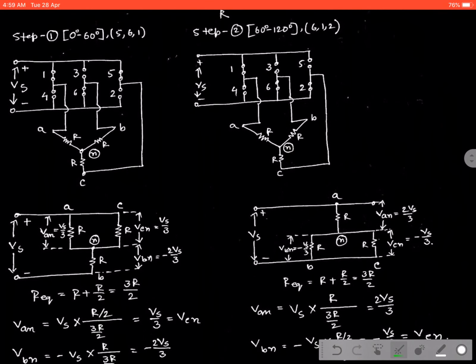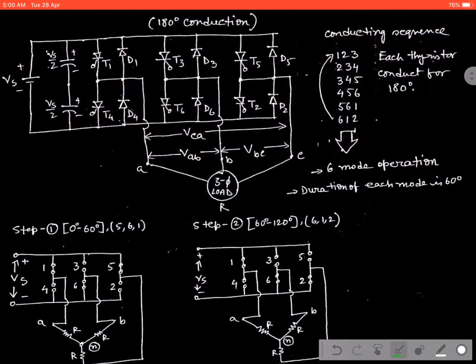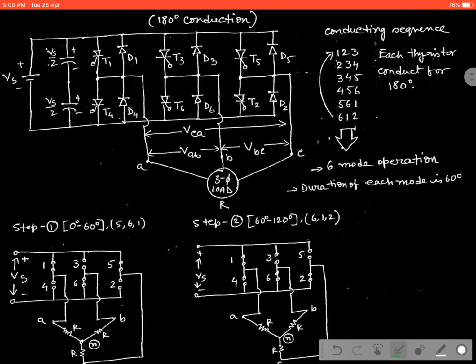This is a similar circuit diagram taken from the main circuit. See, both are the same: switches 1, 2, 3, 4, 5 and 6, similarly 1, 2, 3, 4, 5 and 6. This is connected to a voltage source, and this is connected to the voltage source.